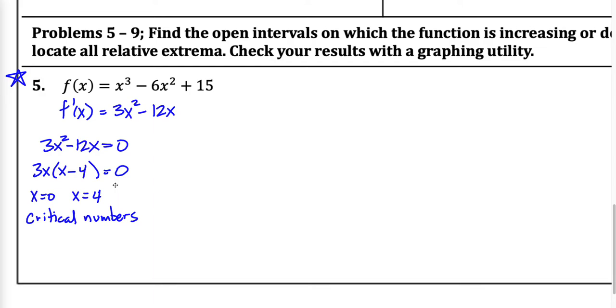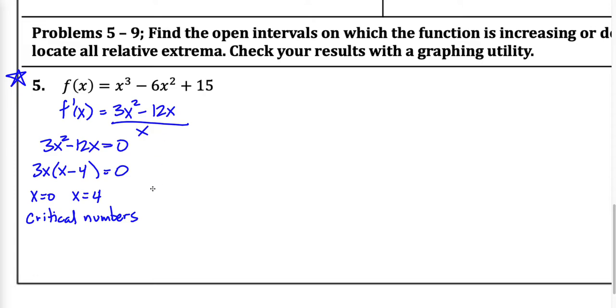This is kind of where I sort of disagree with the answer key. I can't remember which question it was. One of the questions asked you to find critical numbers, and the ones that were undefined, I believe if I remember right, in the answer key, it said they weren't critical numbers. So let's say our derivative was divided by x.